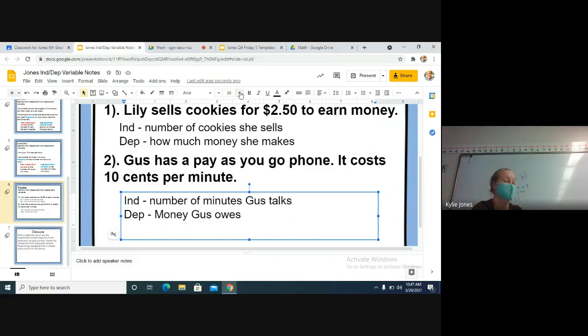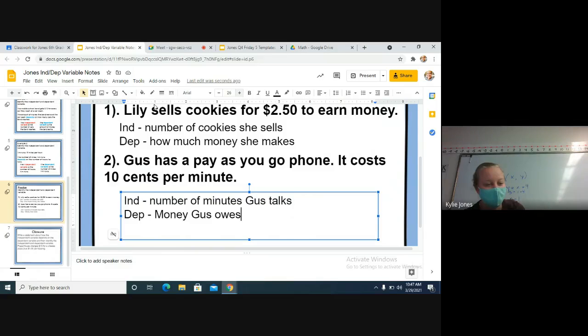That's a payphone, not pay as you go. A payphone is different. That's just like you pay 50 cents, you get a minute. This is, he has a cell phone. He can talk on it as much as he wants. He's just going to owe money the more he talks. Okay? Where would you pay the money though? I don't know. It's probably a bill they send to you.